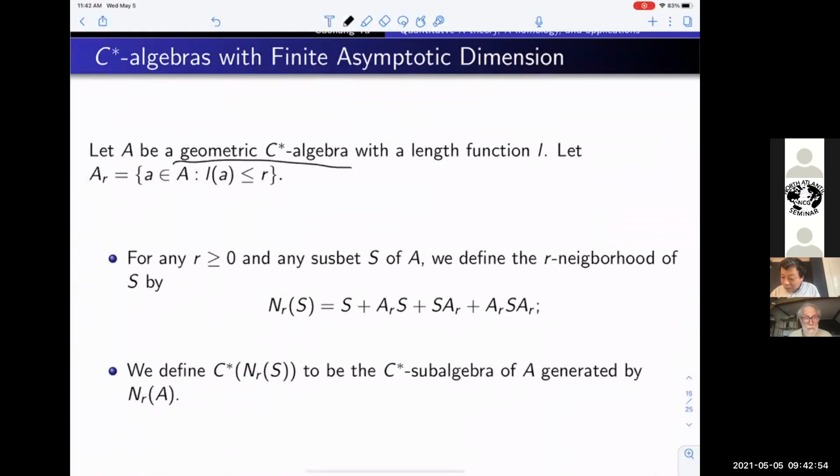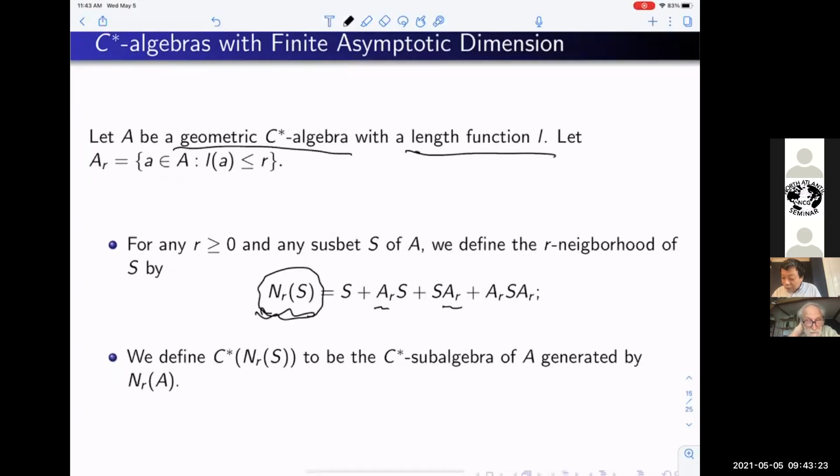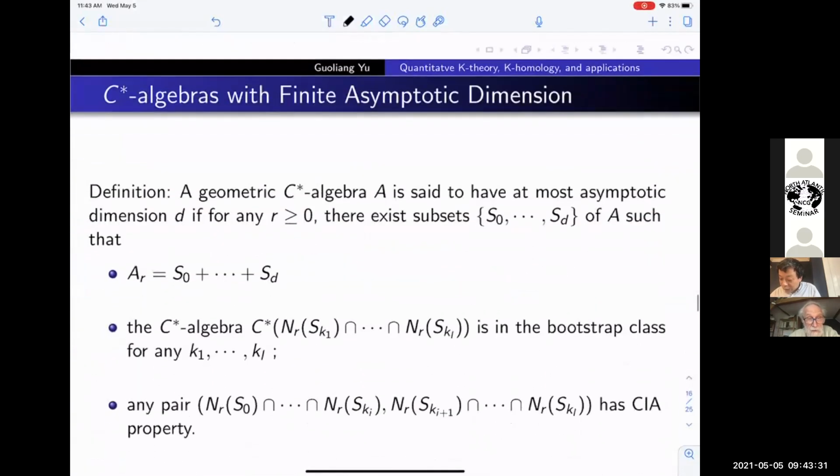So if we have a geometric system algebra with a length function, this is what we call an R-neighborhood: you take whatever subset you have and multiply by elements with length R to see what you get. This is supposed to be a substitute for an ideal. Now, of course, this is not a condition. So this is the concept of asymptotic ideal, which is actually very flexible.